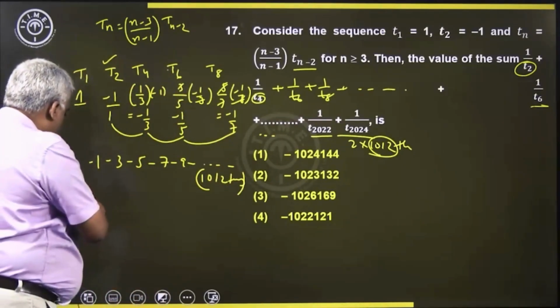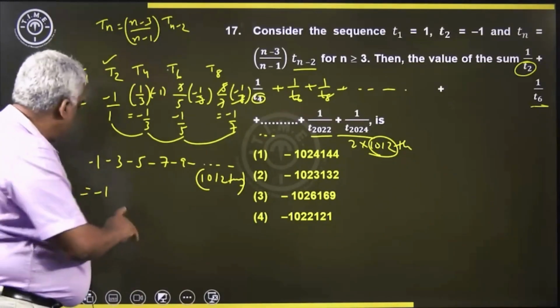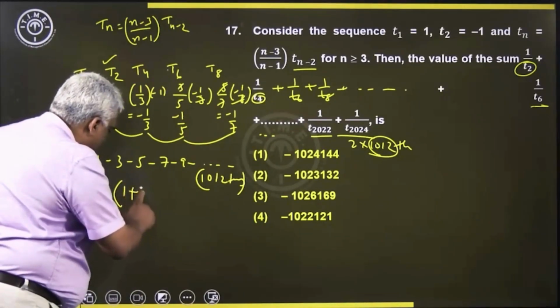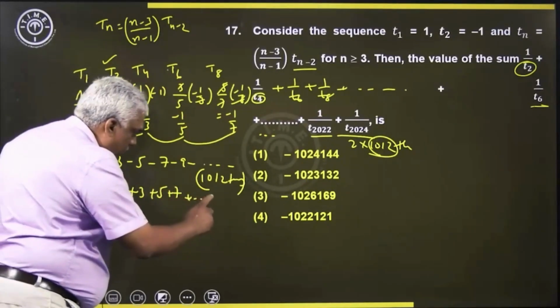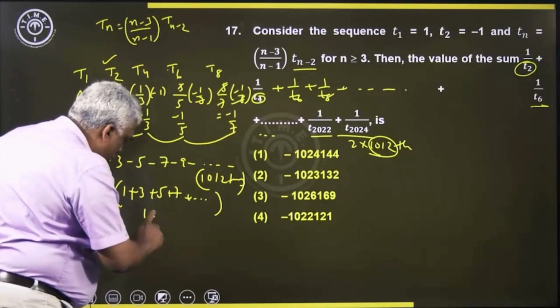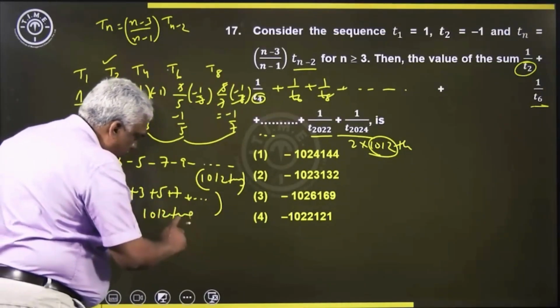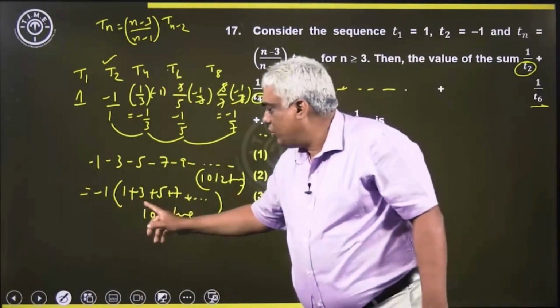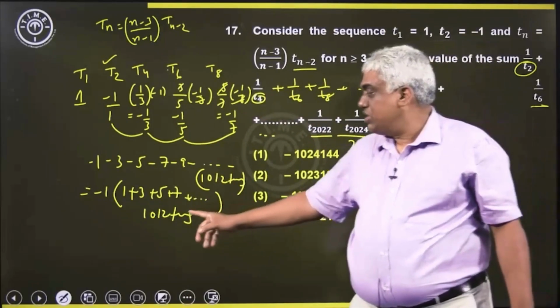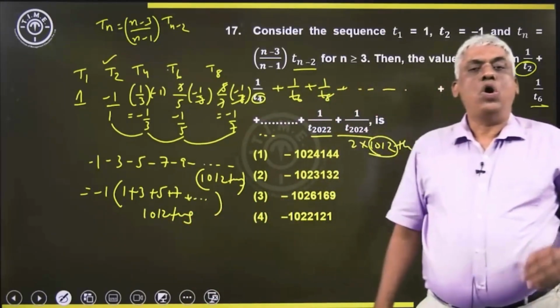Let us take minus common. It will be 1 plus 3 plus 5 plus 7 dot dot dot. How many terms? 1012 terms. These are all odd natural numbers, so we have to add the first 1012 odd natural numbers.